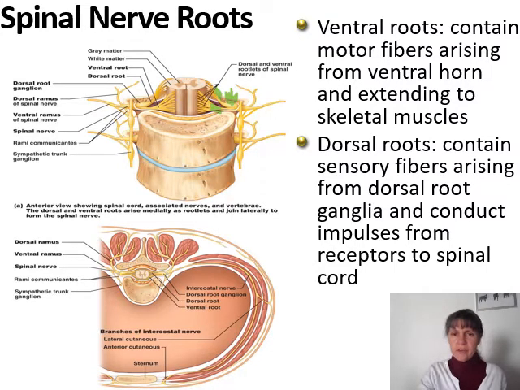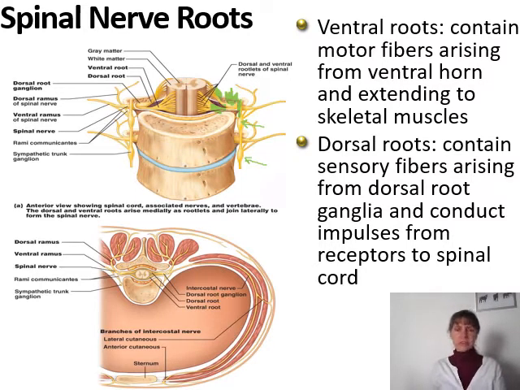Dorsal root and ventral root combine to form a spinal nerve. Did you notice the sympathetic chain ganglion here and here, as well as on the other sides of this picture?